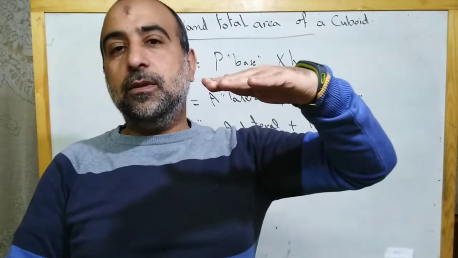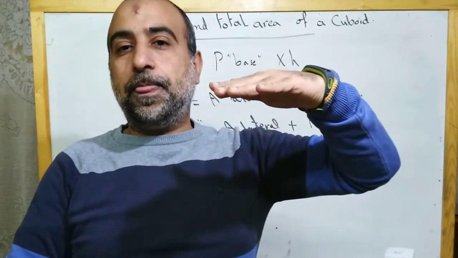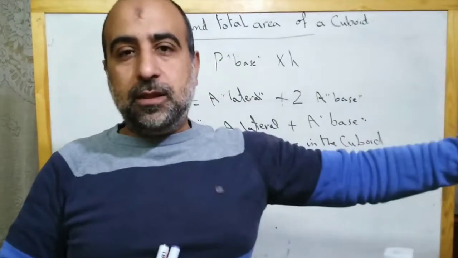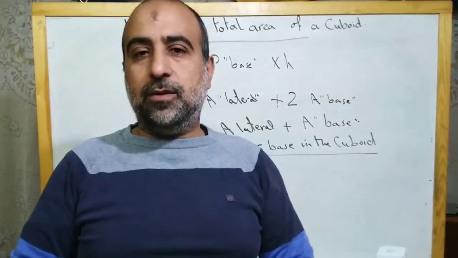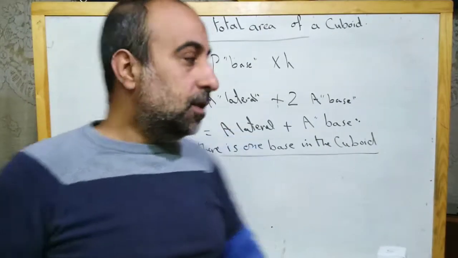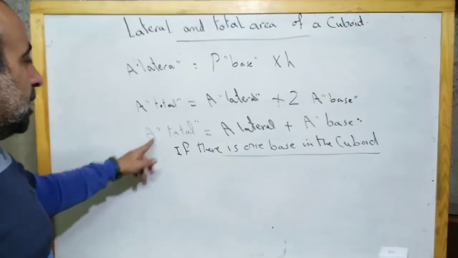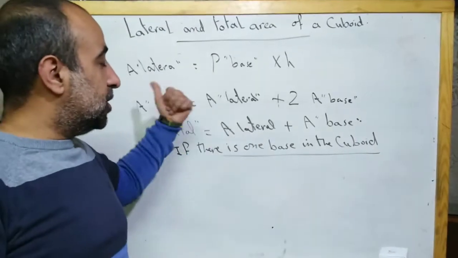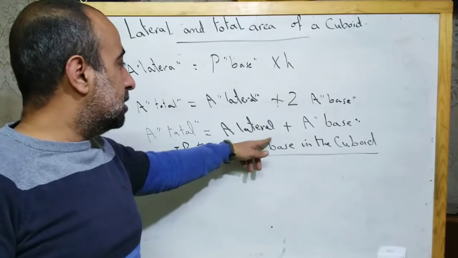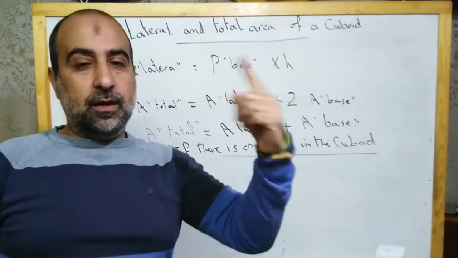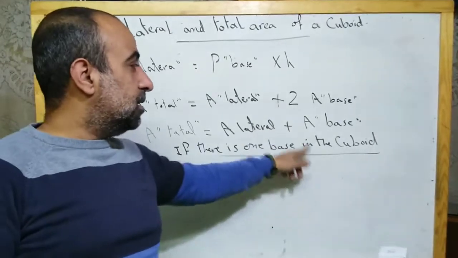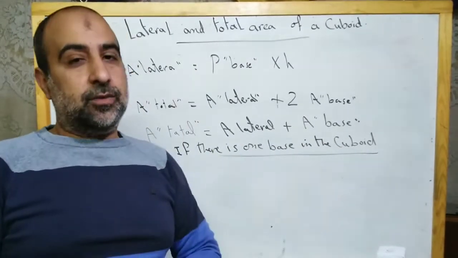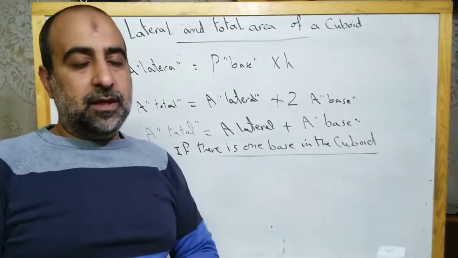There is no base on the top. So he didn't tell me, but I know that there is no base on the top of a swimming pool. So the new rule will be: total area equals the lateral area we just had, plus 1 area of the base, if there is 1 base in the cuboid.